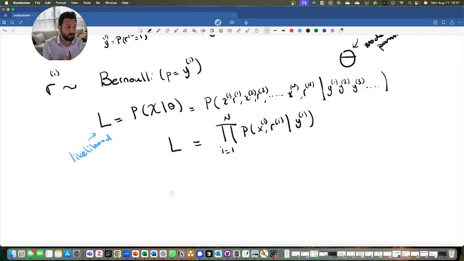You say samples from your data set come from a Bernoulli distribution, and the probabilities of these ones and zeros appearing have to come from your AI model. So here I'm going to draw a thinking bubble.